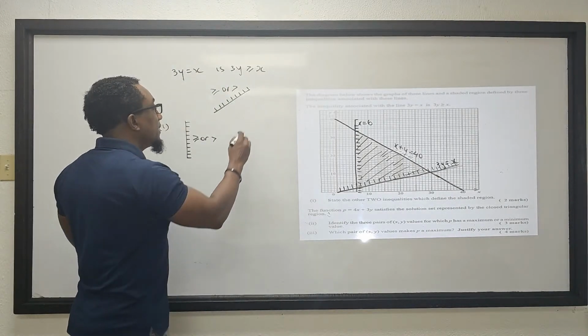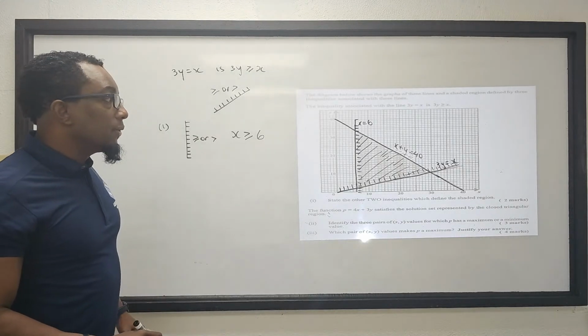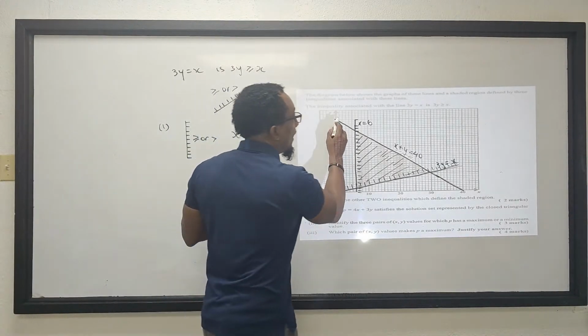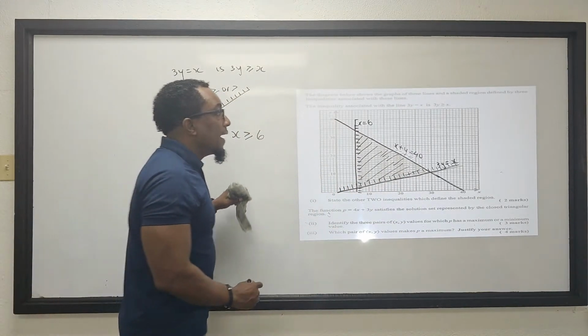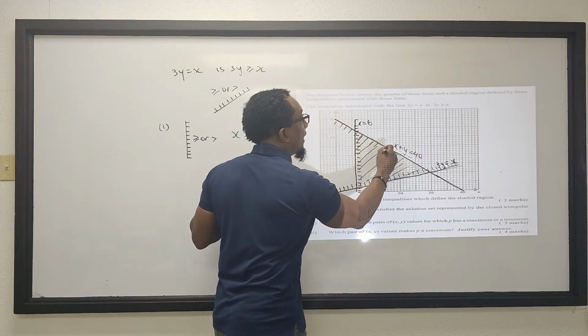So the inequality here will be x is greater than or equal to 6. The other inequality, we have the sloping line here, which is x plus y is equal to 40. And in order for us to satisfy this region, we have to shade below the line.